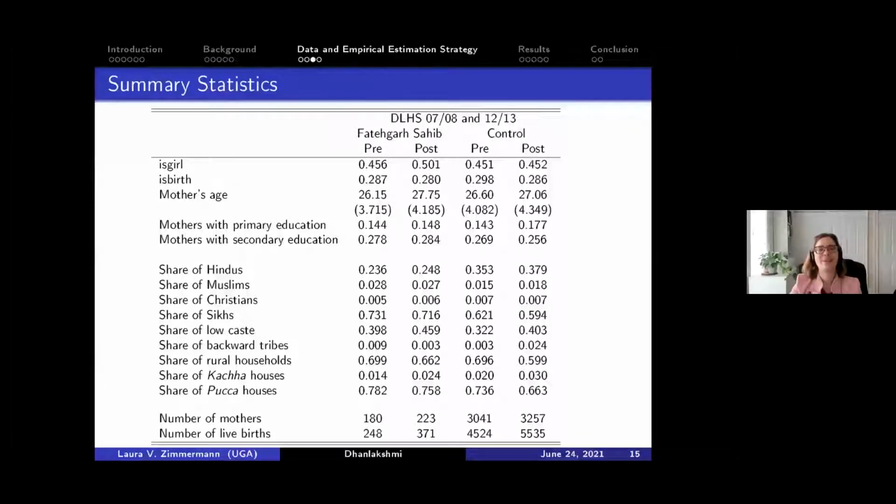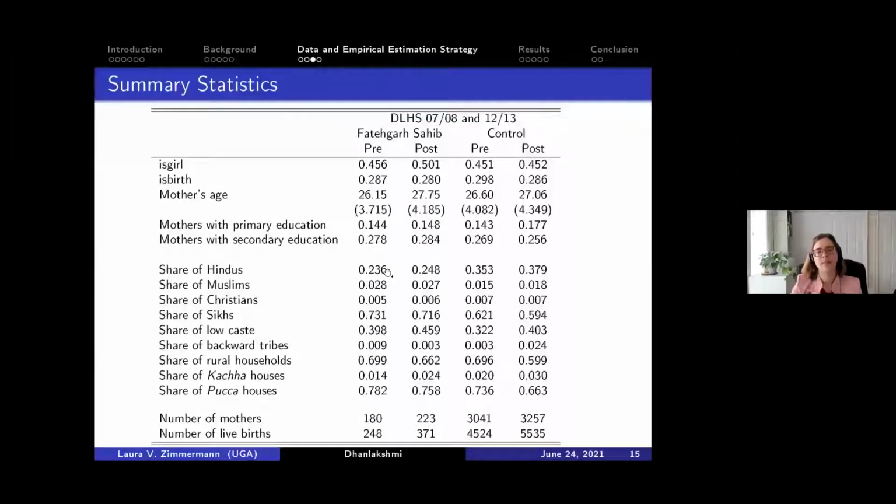I realize there are a lot of numbers here, but the big takeaway is that actually the treatment district Fatehgarh Sahib looks comparable to the average control group district from the same state on a lot of socio-demographic outcomes. The main difference really occurs based on religious breakdown.